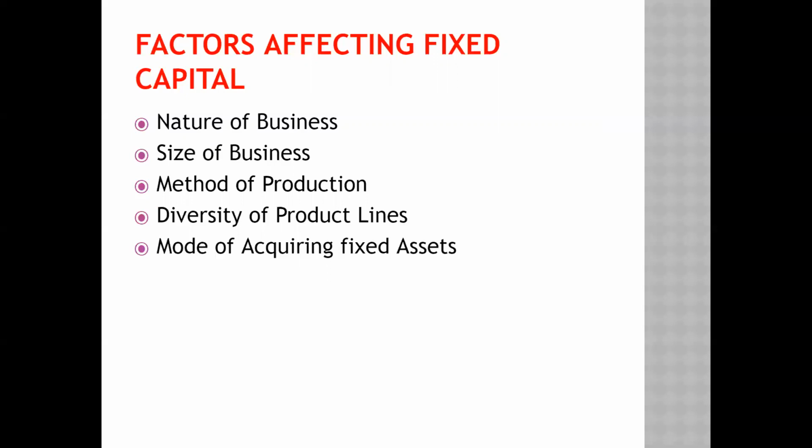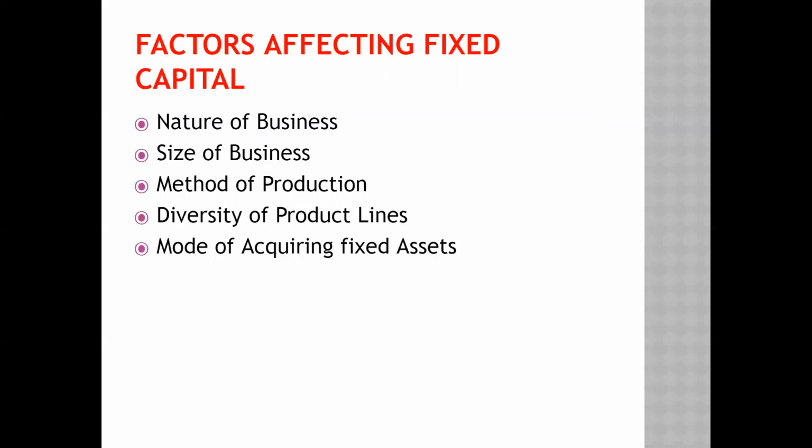And then diversity of product line. If you are dealing in one product or fewer products, less fixed capital will be needed. And if you are dealing in many products, more fixed capital will be needed. Last is mode of acquiring fixed assets.